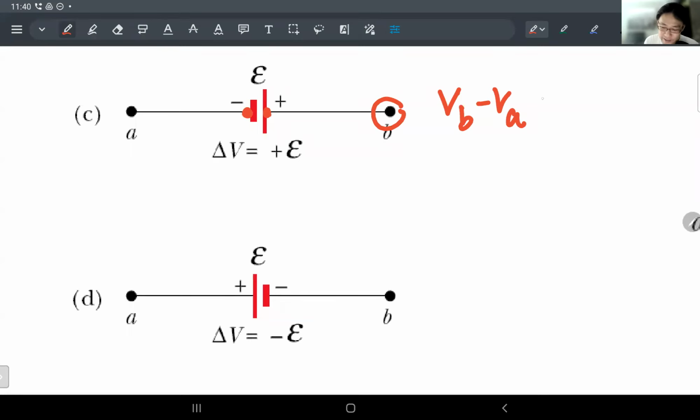So no doubt the potential difference must be positive, equal to whatever electromotive force E you have with that battery. On the other hand, if the situation is reversed, B is connected to the negative end and A to the positive end of your battery, VB minus VA is just negative E. Guys, that's all you need.